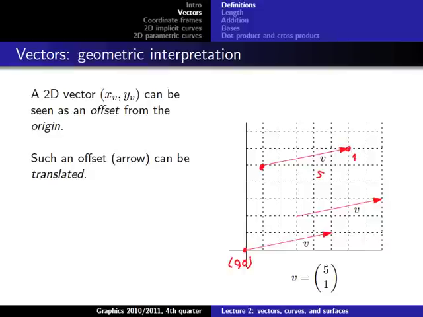So it's an arrow that is invariant towards translation, so you can put it anywhere and use it, for example, not only to describe this position with respect to the origin, but also to describe this position. If we have a triangle here, you can use this vector to describe a translation of this triangle from this position to this position by moving all 3 points with the same vector.